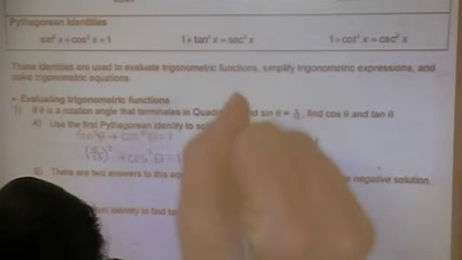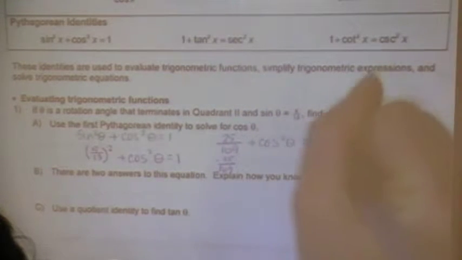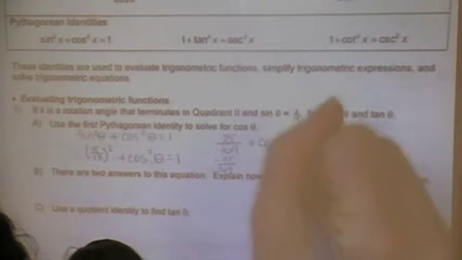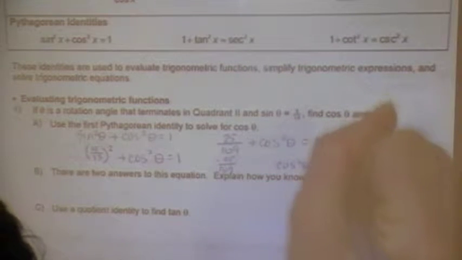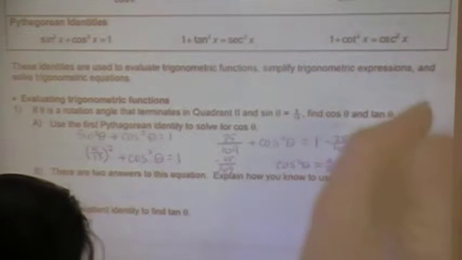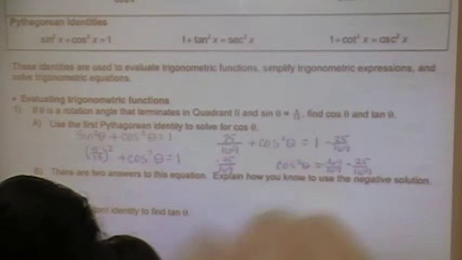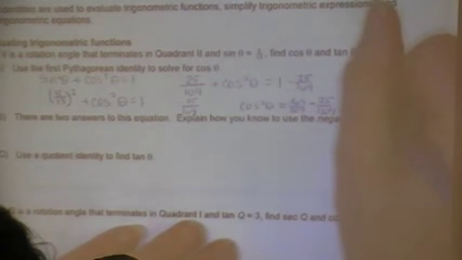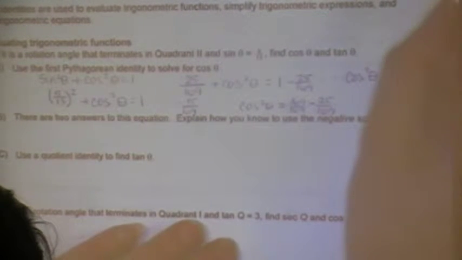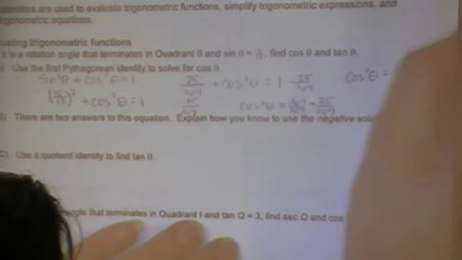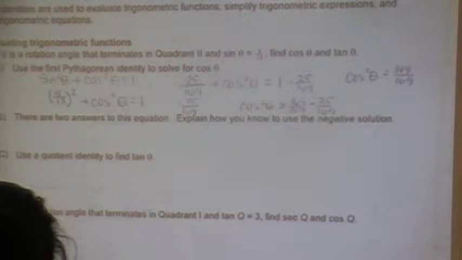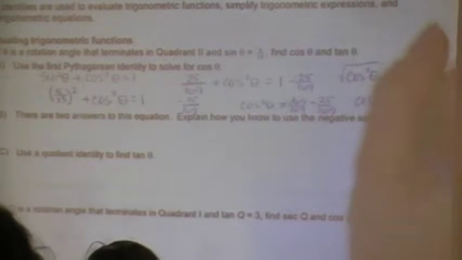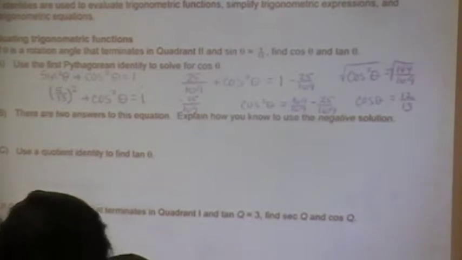Subtract 25 over 169, so cosine squared theta equals 169 over 169 minus 25 over 169, which gives cosine squared theta equals 144 over 169. I'm just trying to figure out what cosine is, so I take the square root. Cosine of theta equals 12 over 13.